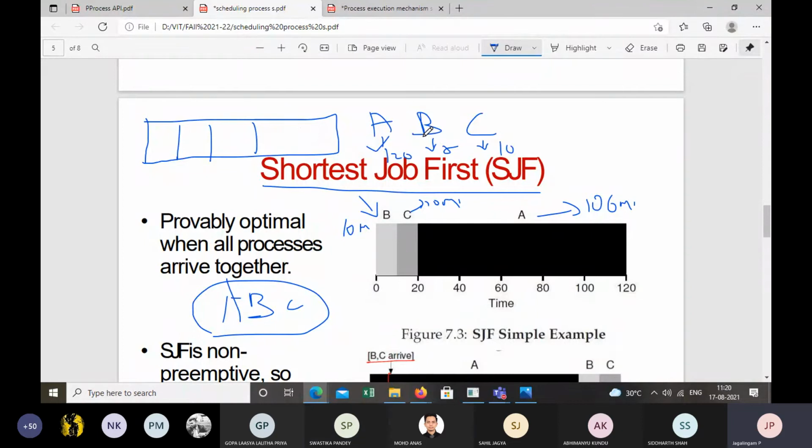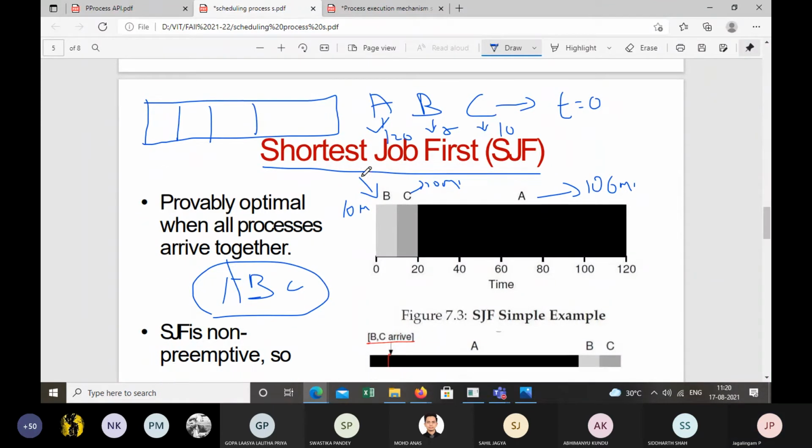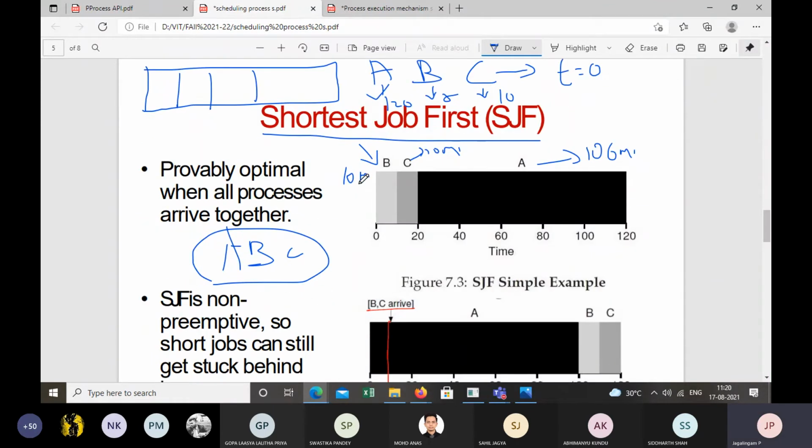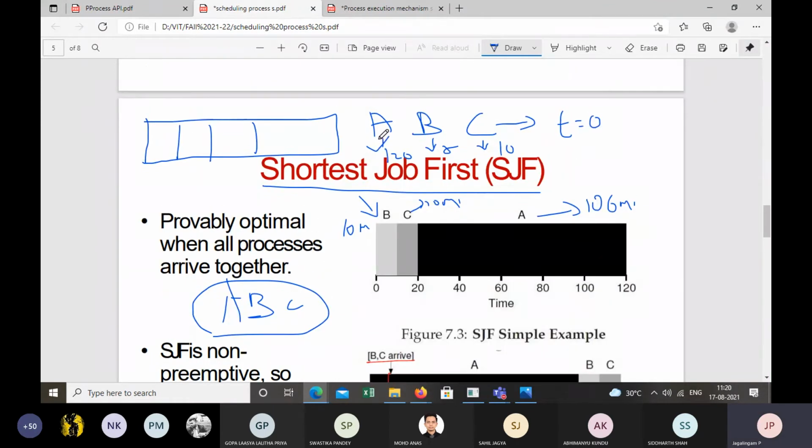Now, in the case of preemptive scheduling, let's say all these processes A, B, C arrived at the same time, t equal to 0. First let me complete non-preemptive. In the case of non-preemptive, which process comes to the system first?